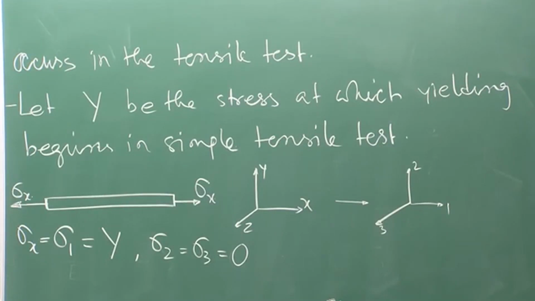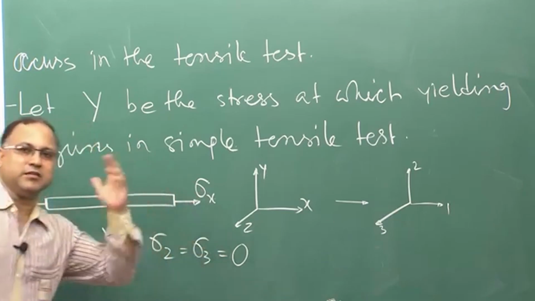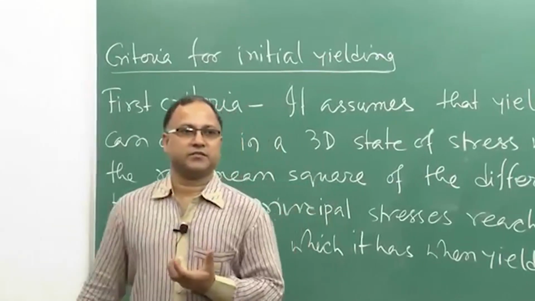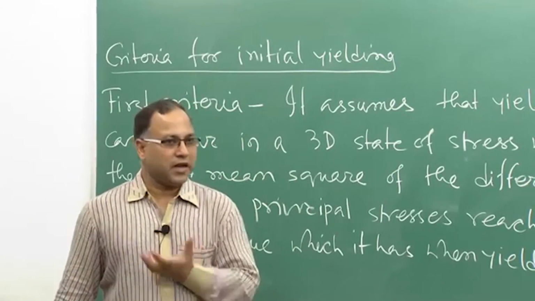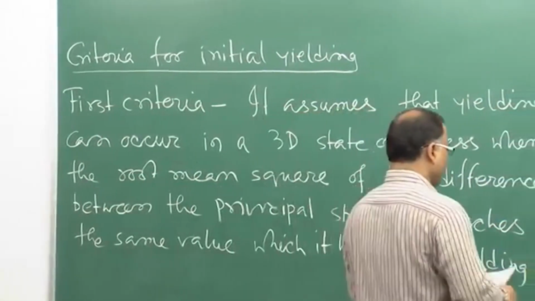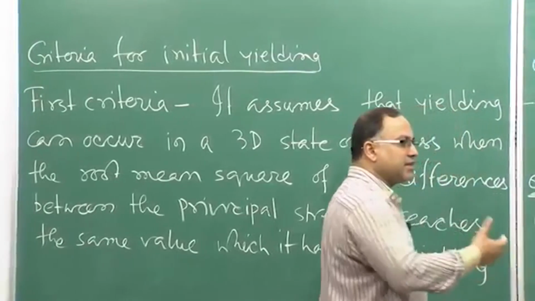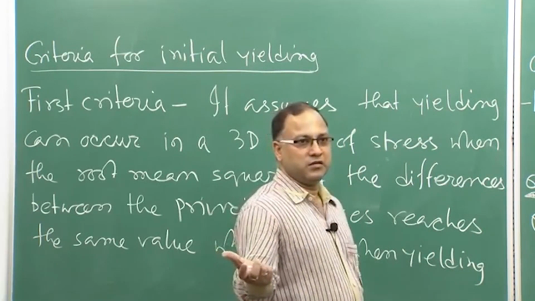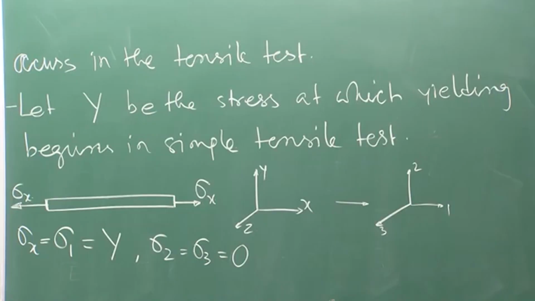So we have got sigma 1, sigma 2 and sigma 3 for a uniaxial tensile test, right, okay. And in that case basically sigma x, sigma y, sigma z all are principal stresses virtually, because there is no shear stress on the planes, okay.